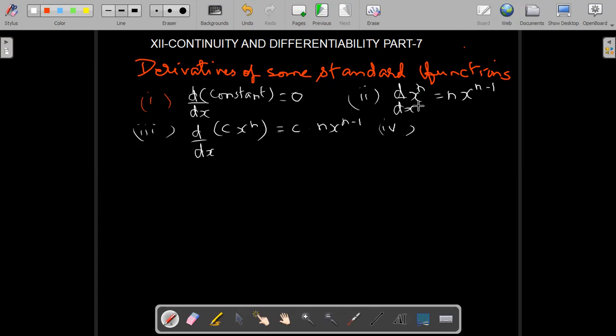Okay, then you know, we have seen yesterday also, that d by dx of sin x is equal to cos x, and d by dx of cos x is equal to minus sin x.